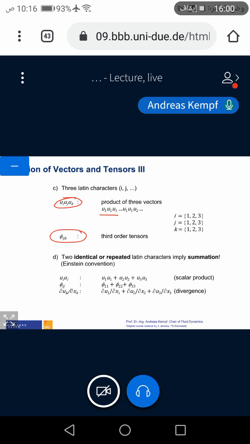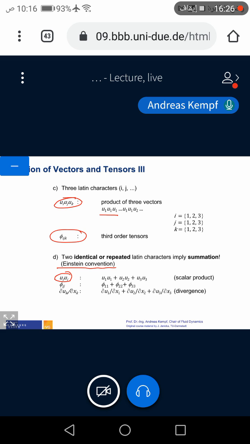Now we come to a very important concept, and this is something to memorize. And this is actually the reason for the great power of this index notation. This is the Einstein convention, Einstein's convention of summation. Let's have a look here. What is written is ui ui. We have the same vector twice, but this time we have the same indices.